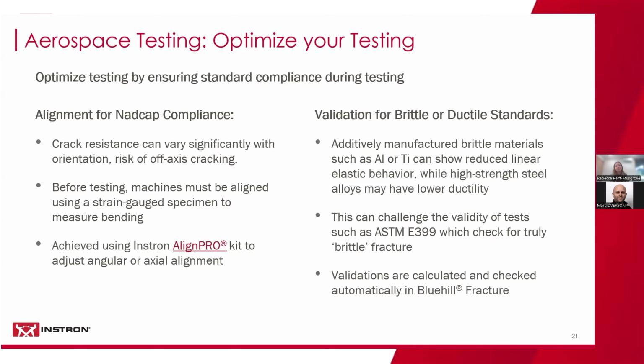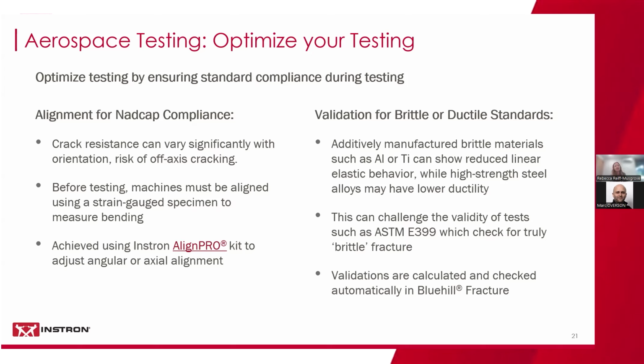Whilst in high strength steel, which are reasonably ductile, we actually sometimes see them have lower ductility. So we often can't predict exactly whether the ductility will increase or decrease when you additively manufacture a sample. The challenge that this introduces for industry is you then challenge the validity of your tests.